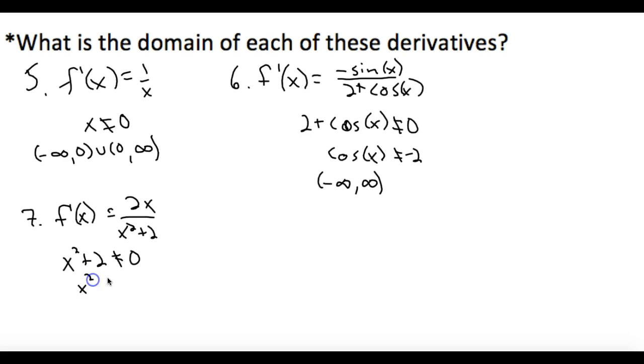So we get x squared equals -2. If I take the square root of both sides, we get the square root of -2, which isn't a real value. Right? So again, there are no values that make the denominator 0. So again, in this situation, we would have -infinity to +infinity for our domain.